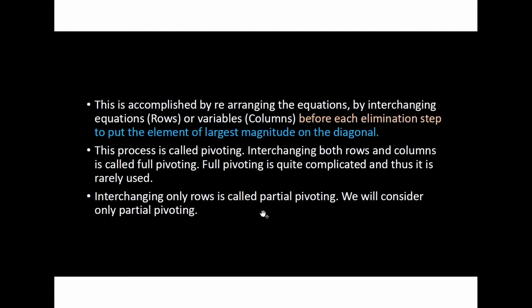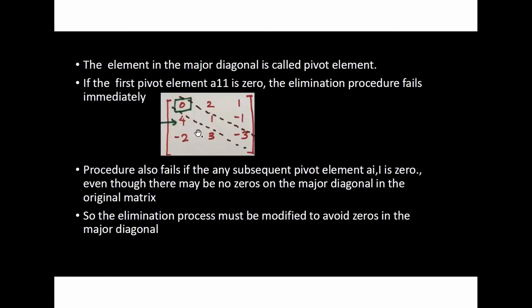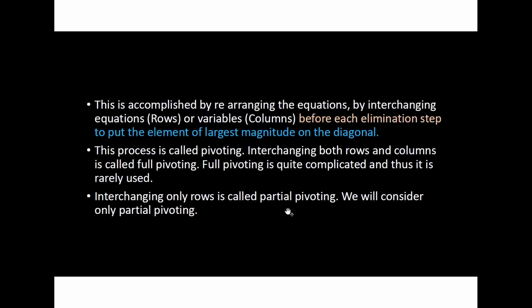That is our objective, and this is called pivoting. Interchanging both rows and columns is called full pivoting, but it's quite complicated and advanced, and we will not use it. We will use only partial pivoting, which is only changing rows, and that's easy to operate.